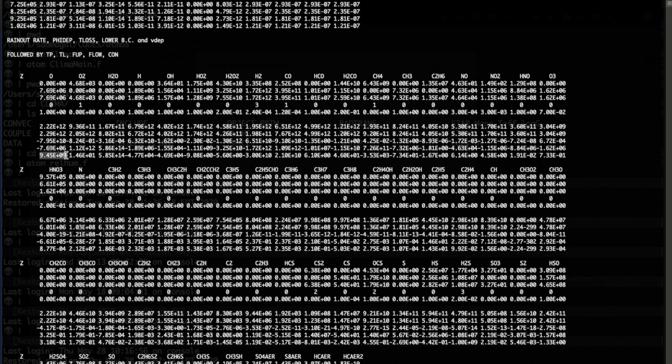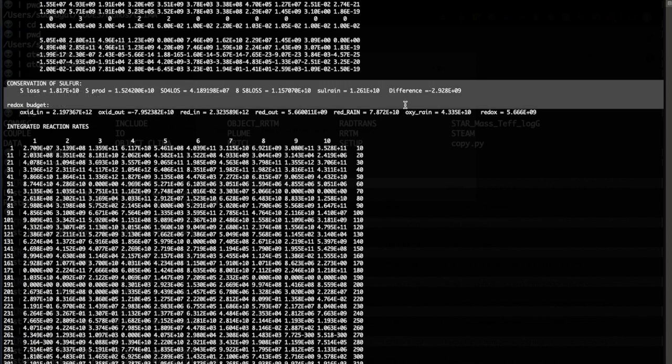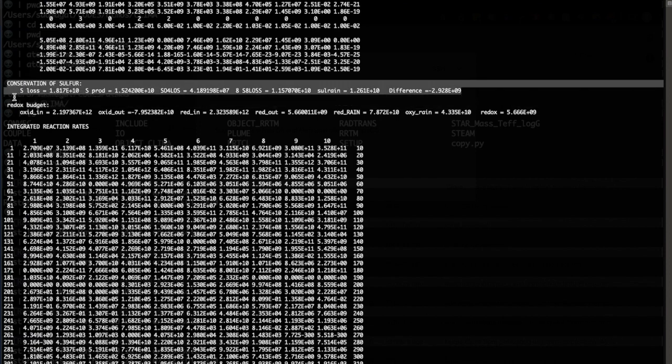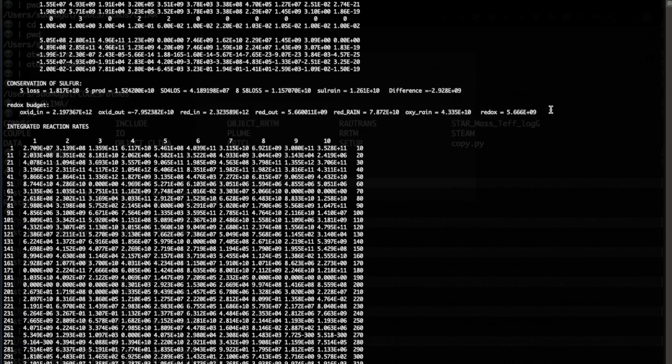This number should be relatively small compared to the other numbers above it. A few orders of magnitude smaller than the numbers above it for every molecule. If it's not, that means things aren't well balanced. Then we have some information on conservation of sulfur, which is important for some past papers we did, and redox balance, which also is an order of magnitudes thing.